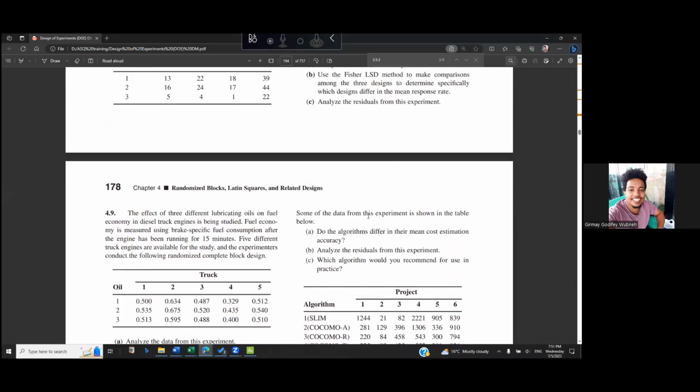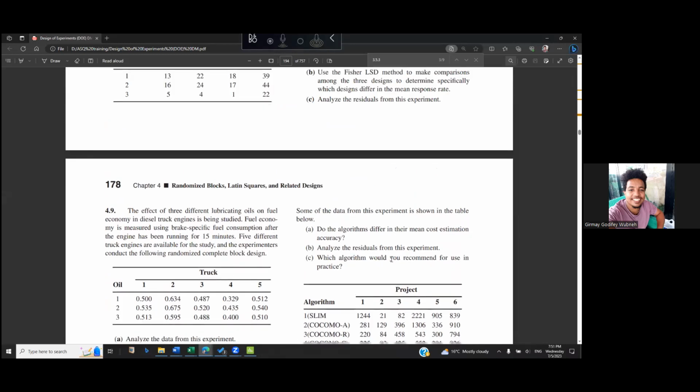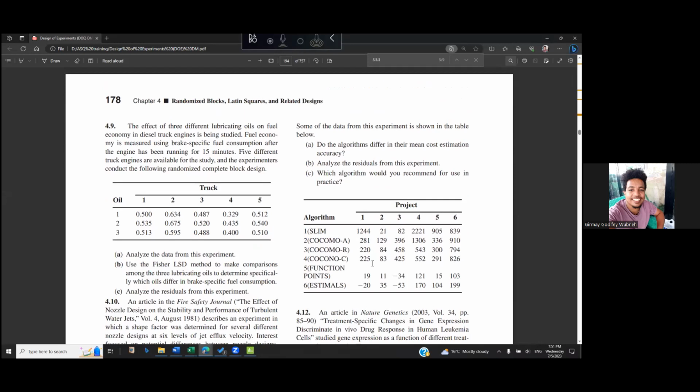Some of the data from the experiment is shown in the table. The data has four algorithms. Part A: do the algorithms differ in their mean cost estimation accuracy? Next, analyze the residuals. Which algorithm would you recommend for use in practice?